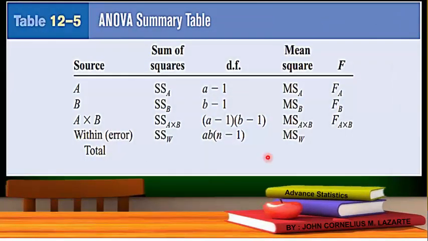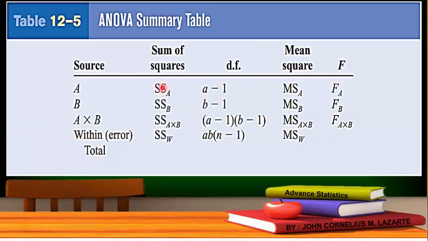Now we have here the ANOVA summary table. As you can see here, it is much more complicated compared to the first summary table on the one-way ANOVA. Here we have A, the first independent variable, and B represents the second independent variable. Then A times B represents the interaction between the two variables, and we also have the within error.